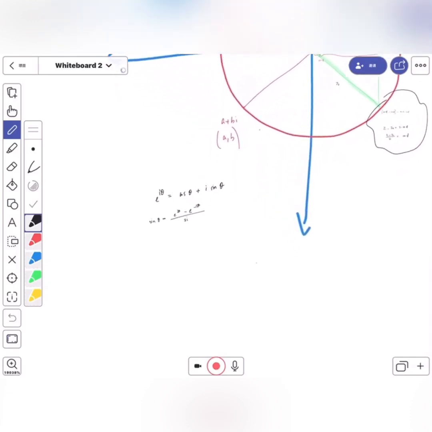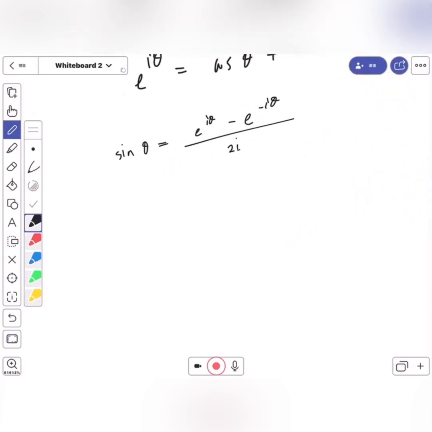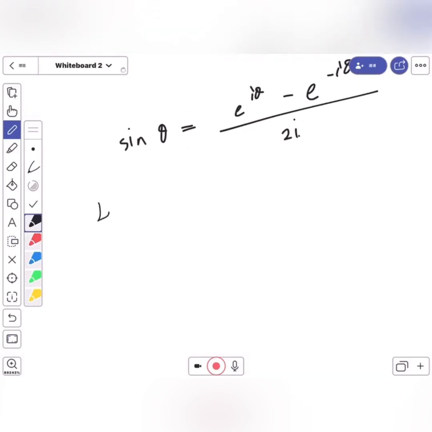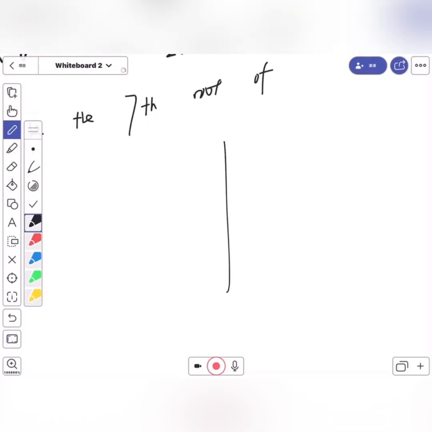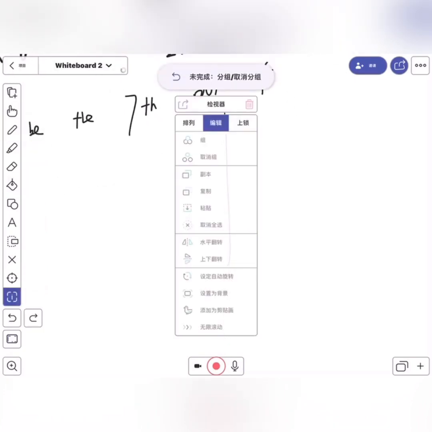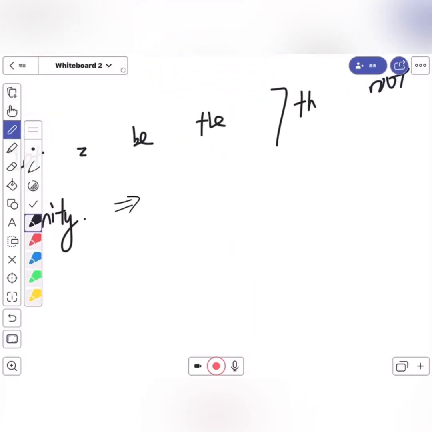So okay, how is this going to help us? Well, now we're going to use a little bit of roots of unity. We're going to let z be the 7th roots of unity. Roots of unity are basically the solutions to the equation z to the 7 minus 1 is equal to 0.